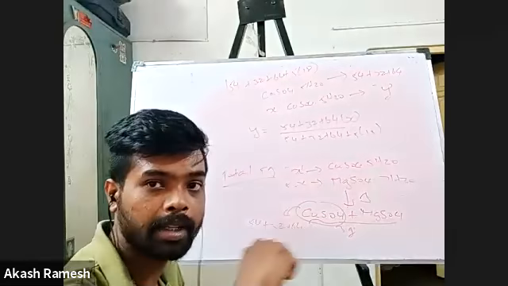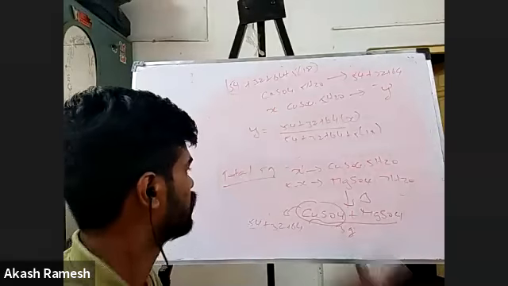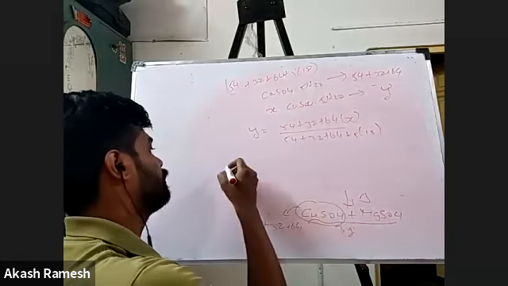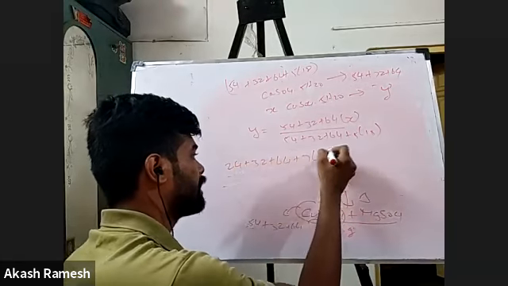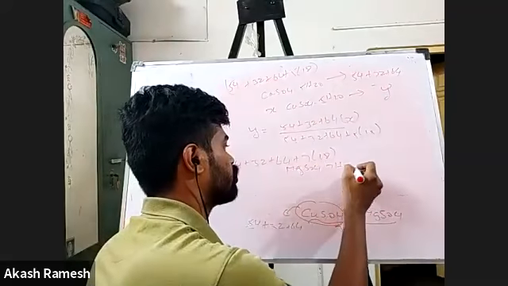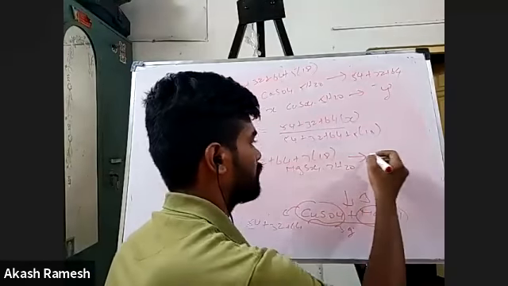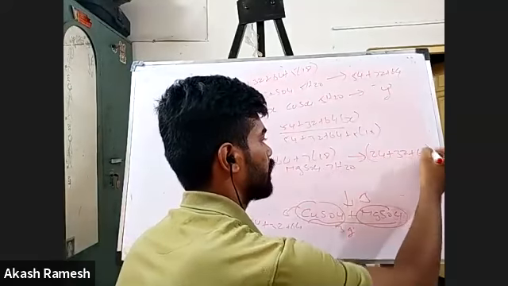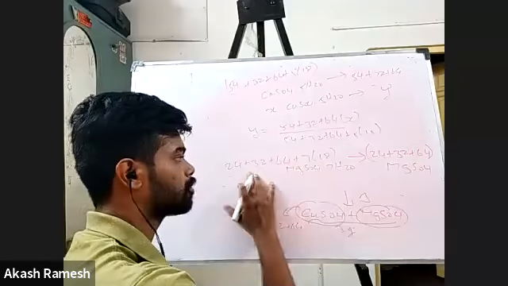Now same thing I'll be able to do for your MgSO4 also, right? So if I do that, basically 24 plus 32 plus 64 plus 7 into 18 grams of MgSO4.7H2O will contain 24 plus 32 plus 64 grams of anhydrous MgSO4. Correct?